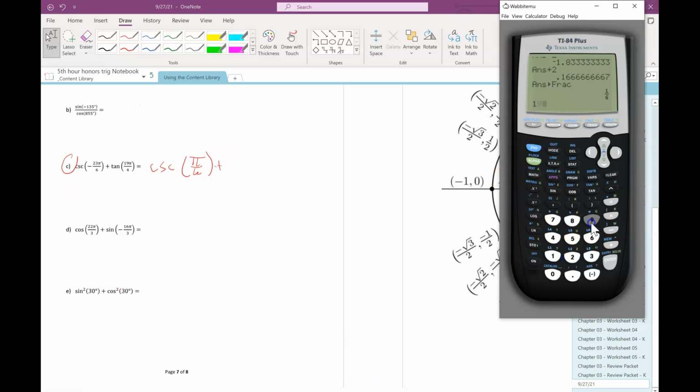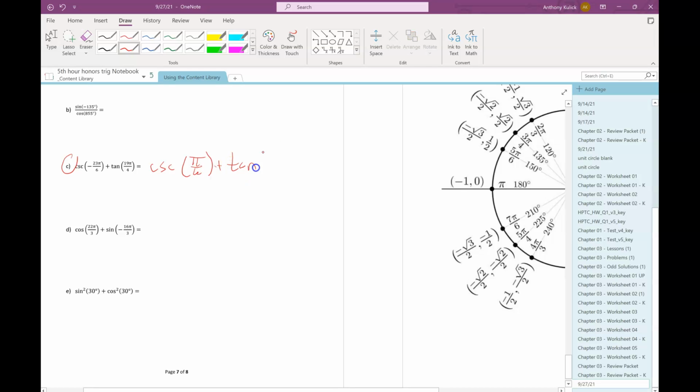So 19 pi over 4, I'm just going to write 19 over 4, and then I'm going to subtract 2 from that. So that gives me 0.75, or 3 pi over 4. So far, so good. Okay.